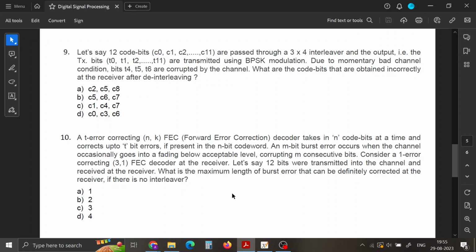What happens in error control coding is that you take K message bits, let's say binary bits, and you encode them into N code bits, and N is greater than K typically. So you basically add extra bits to your K message bits, and those extra bits are known as redundant bits or parity bits, used to protect your message bits as you transmit through the channel.